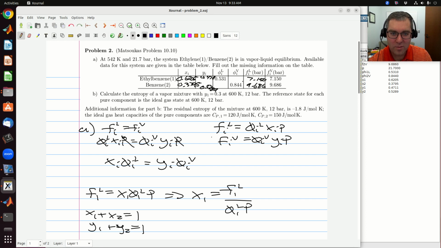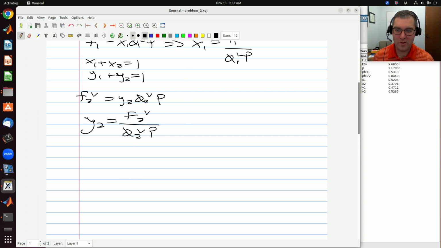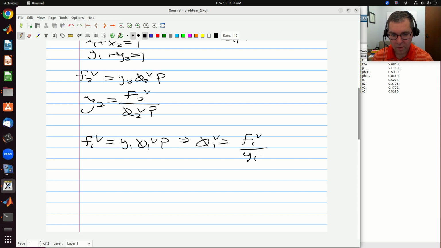Now let's get the rest in terms of phis. Okay, well, if I start with phi1v, now that I have y1, I can just apply my same fugacity expansion equation. Since I know f1v, that's going to be equal to y1 times phi1v times p. So therefore, phi1v is going to be equal to f1v divided by y1 times p.